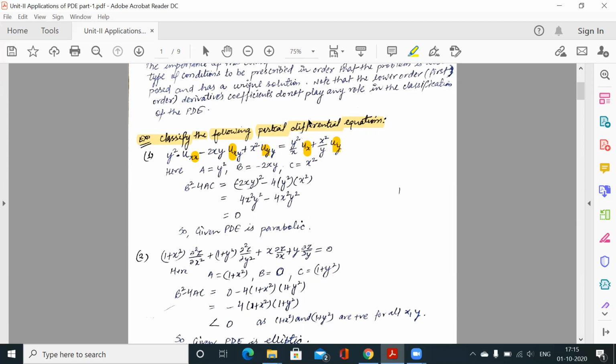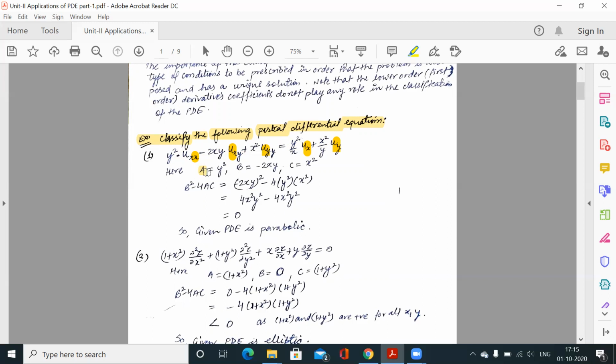So we don't need these coefficients, because we have to observe the coefficients of the second order derivatives only. So y square, minus 2xy, x square, these are our required coefficients. So what is a? A is the coefficient of the second order derivative with respect to x.